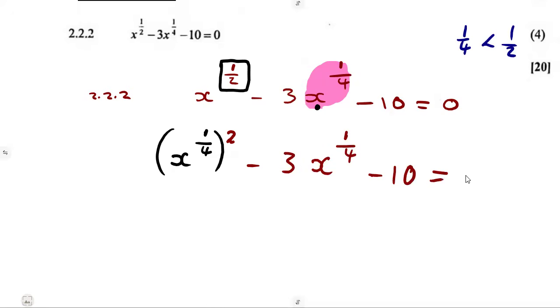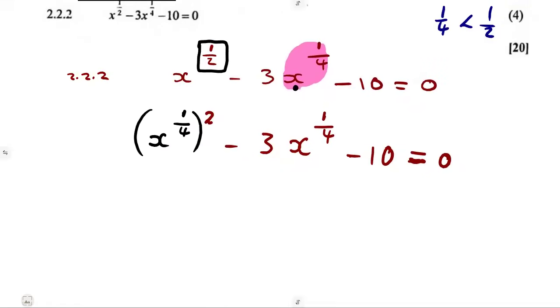As you can see, guys, if we rewrite it that way, we can solve this because it's now a normal quadratic equation, since the highest exponent is 2. But if you cannot see that, introduce another letter of your choice. I can just introduce k there. So let k be equal to x to the exponent of 1 over 4.